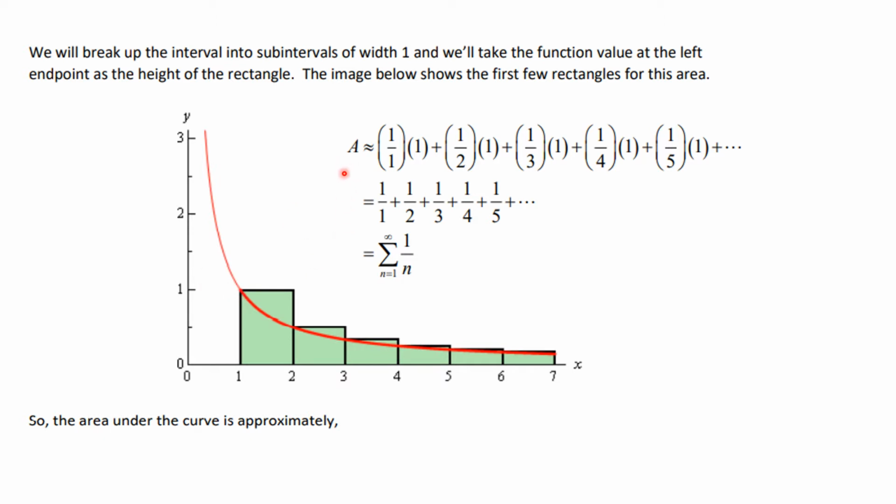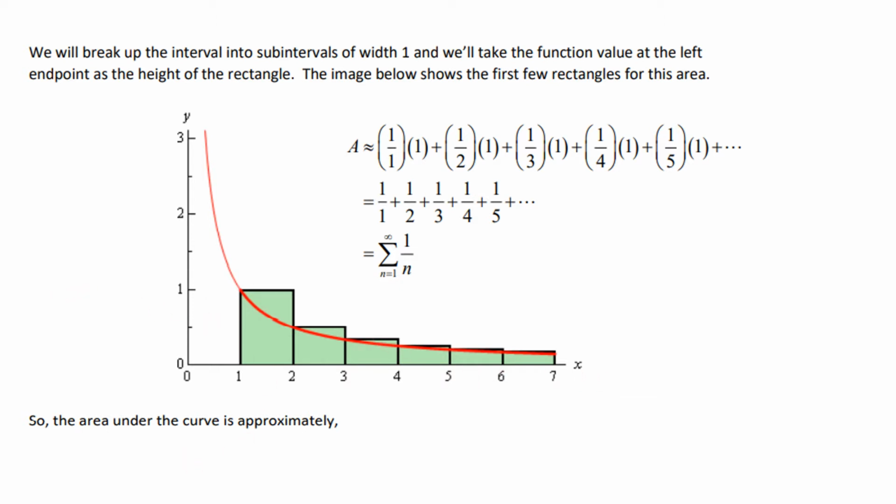So the area is approximately equal to the sum of these rectangles. Since the width is always 1, we're always multiplying by 1, so it's just going to be 1 plus 1/2 plus 1/3 plus so on and so forth, which is exactly the harmonic series. You notice that the rectangles overestimate this area.